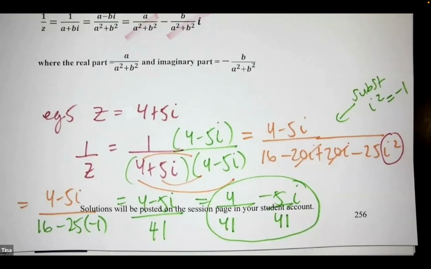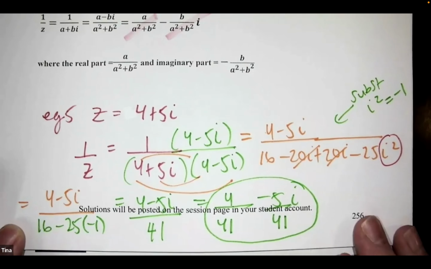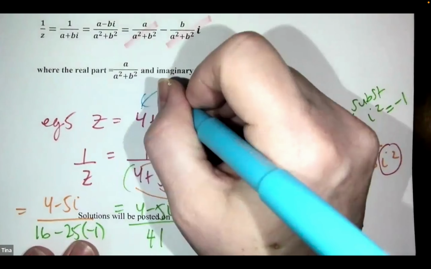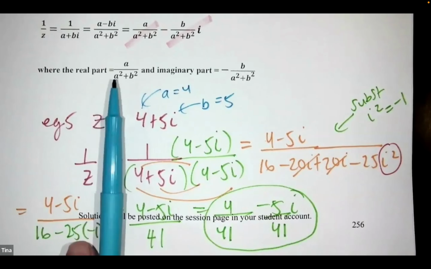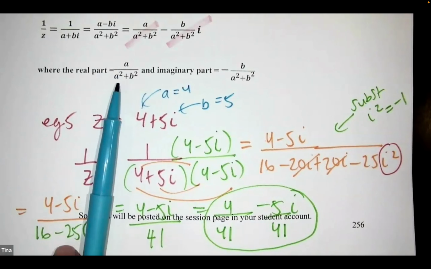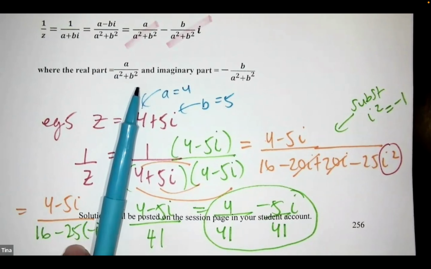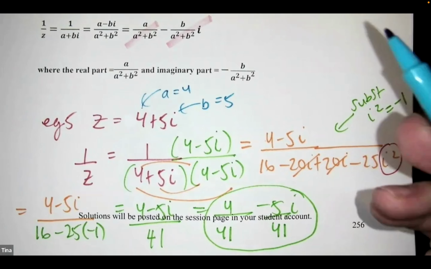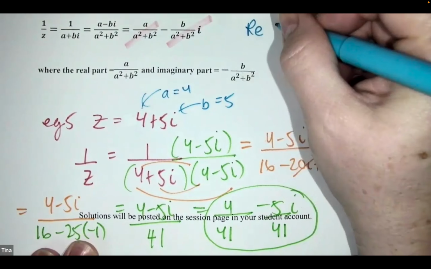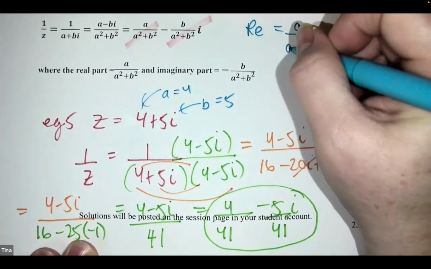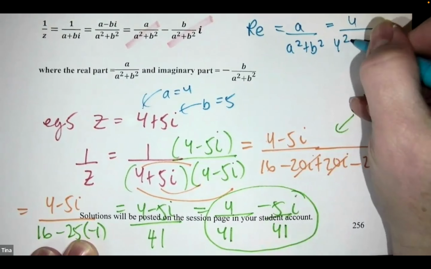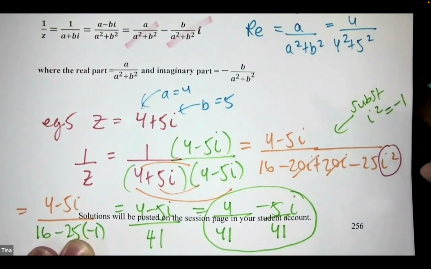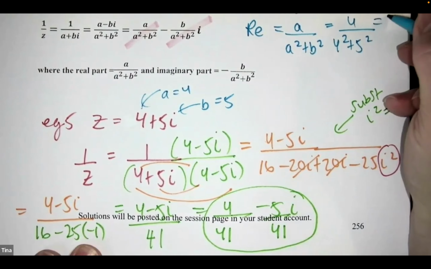Okay, so instead of working that out the long way, you could just say, well, a is 4, b is 5, check it. 4 over 4 squared plus 5 squared, right? So that's the real part. The real part is a over a squared plus b squared. Does that work? A is 4. 4 squared plus 5 squared is 25 plus 16, isn't it?